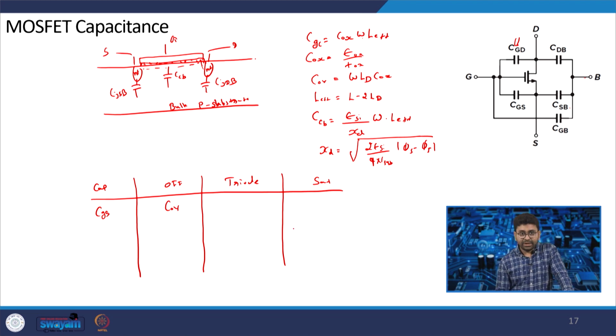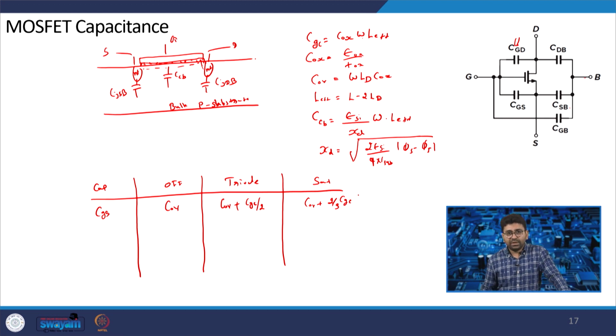Then in the triode region, because the channel has been formed, C overlap plus CGC by 2 will be added, and CGC is given by C ox W L effective. When it is in saturation, there is the same overlap capacitance plus 2/3 of CGC.